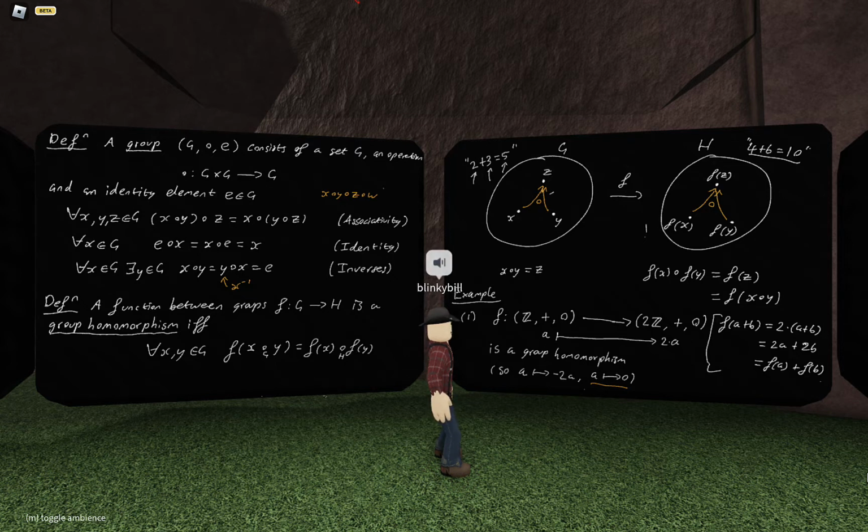So I'll just briefly argue that this actually is a group homomorphism. It just turns every equation into the trivial one. So 2 plus 3 equals 5 just becomes 0 plus 0 equals 0. You can check it.